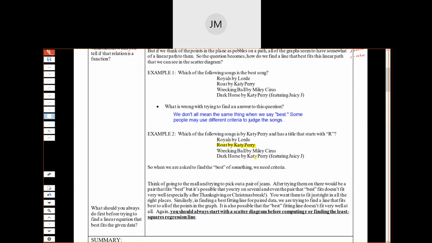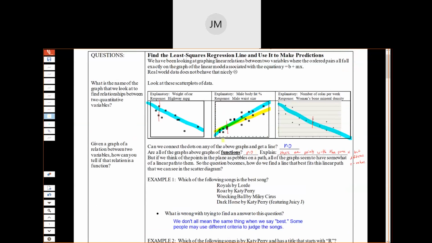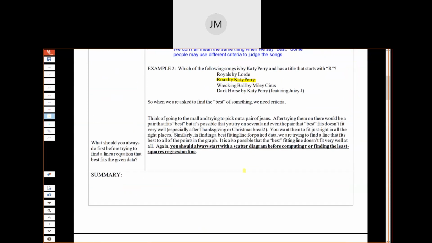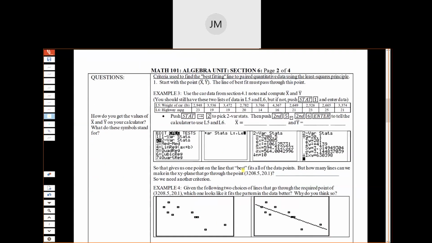Okay, so what we're going to do is we're going to come up with two criteria for what makes a line the best fit out of all of the possible lines that I could draw. Okay, so here's the criteria that we're going to use. And because if I changed my criteria, I would have a different best fit, we want to label what type of line we're drawing based on the criteria that we're using.